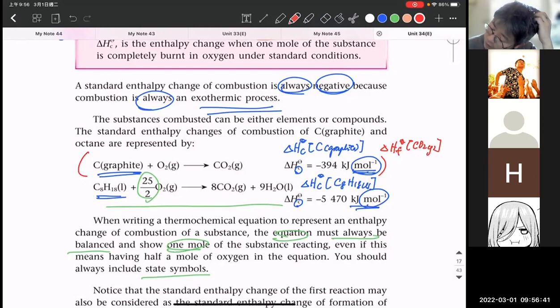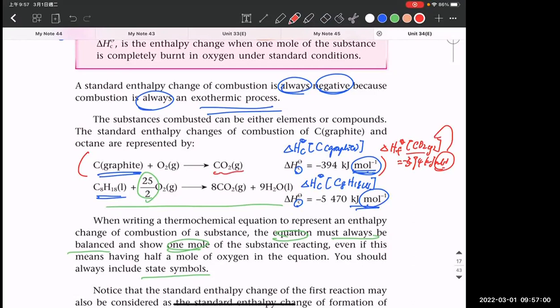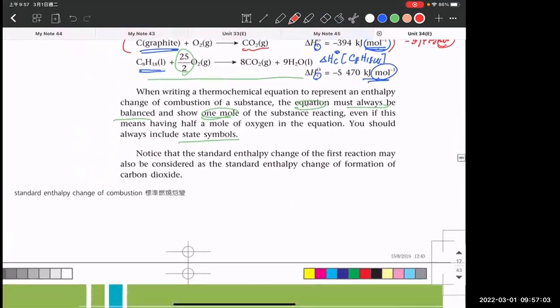Because if you write down formation of carbon dioxide being minus 394 kilojoule per mole here, what does it mean? Per mole of carbon dioxide to be formed. So conceptually, you can also write like this. Do you understand?